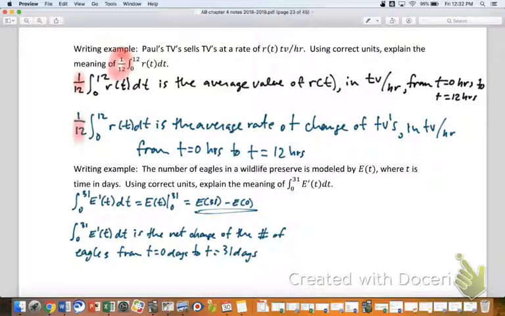If E of T is measured in number of eagles, what are the units for E prime? Eagles per day. And so the definite integral of a rate gives you the net change of the number of whatever, in this case eagles. But I was confused when you said, if you're taking the integral of just E of T, how does that go to equal days?